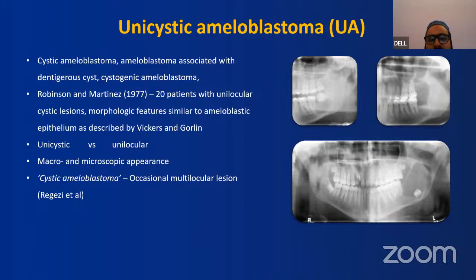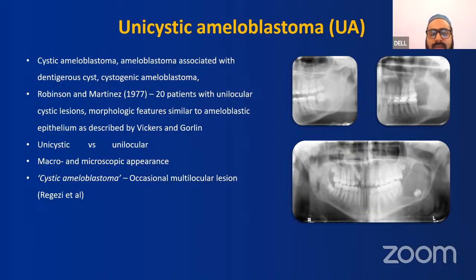The unicystic ameloblastoma refers to both macro and microscopic appearance. It's a monocystic lesion with the ameloblastic epithelium on the periphery and the cystic cavity inside, and unilocular refers to the radiographic appearance of the lesion.